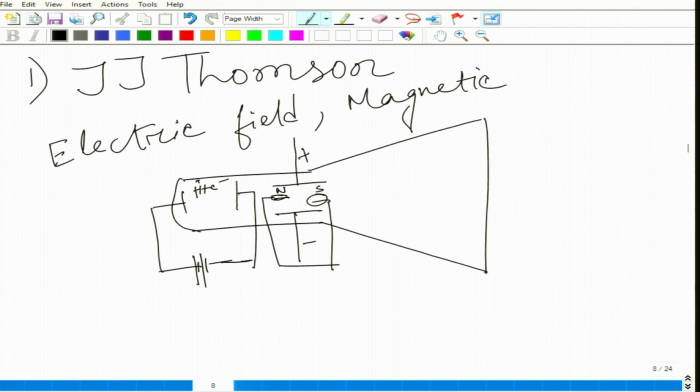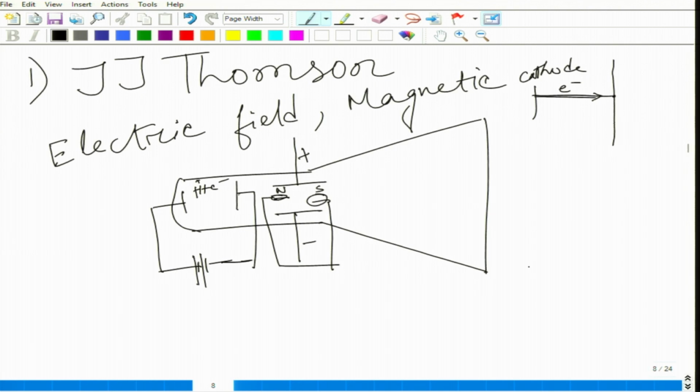So, first of all, if we assume that the electric field and magnetic field are not present, what will happen? This is the cathode. Electron beams will come out from the cathode and they will hit the screen in a straight line.